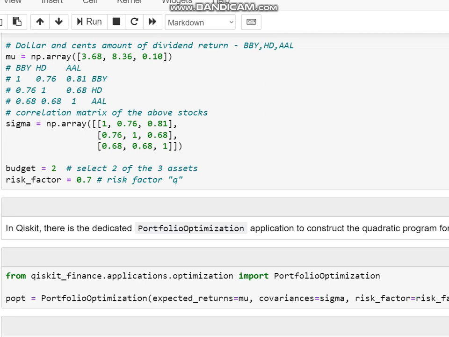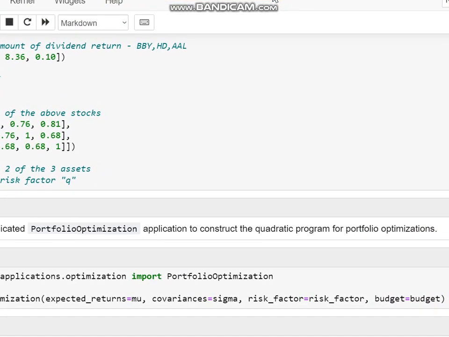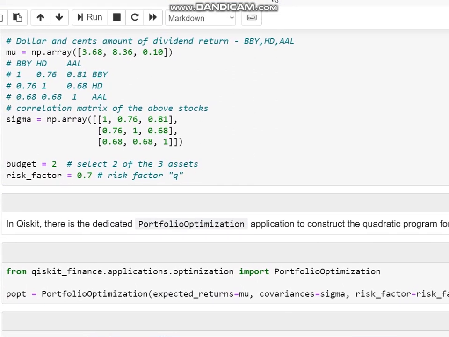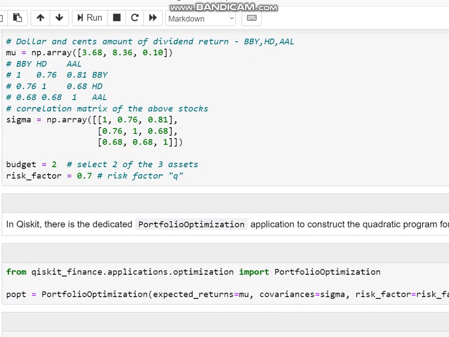So we're putting this array in, and our covariance matrix, the correlation matrix, is sigma. So we stick that in there. You've got your risk factor, which is there. And then you've got your budget there. So the budget is how many it should pick.